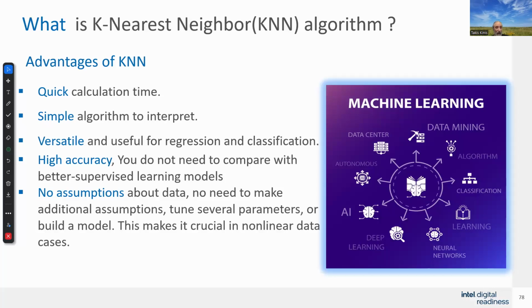It usually yields very good results. And the bottom bullet, you don't have to make any assumptions about the information that you're putting in there. You don't have to keep tuning it a lot. It's usually minimal tuning. And it becomes a really critical tool in this field of work, right? This particular algorithm is a very, very important one for machine learning, one of the more critical ones.